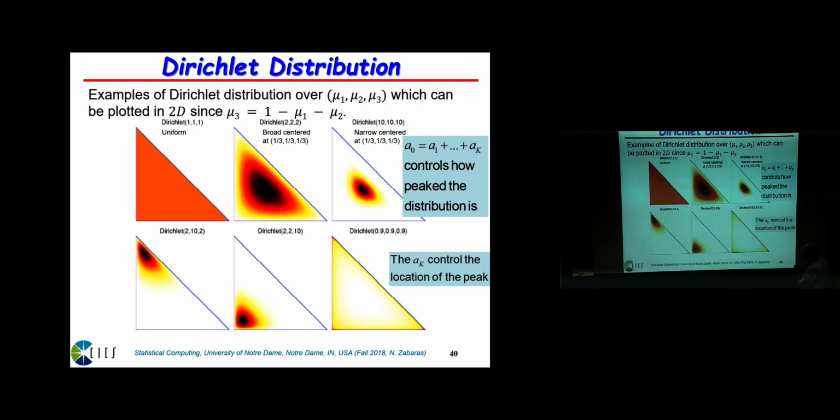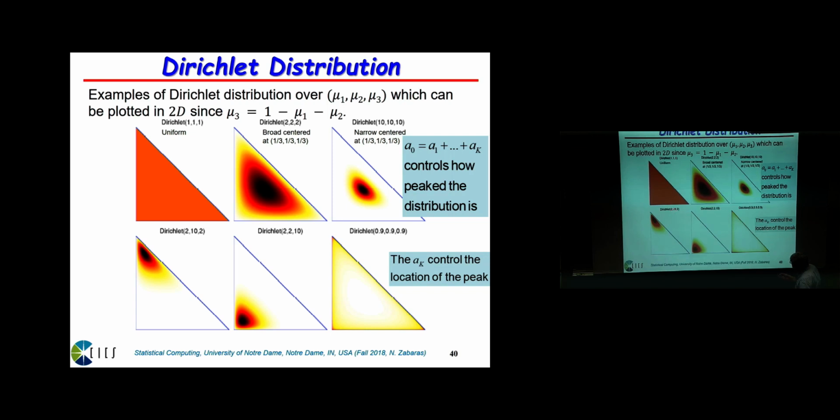If you use all the coefficients less than 1, look what is going on. The only non-zero region for these probabilities is on the edges of the triangle. Okay, on the edges of the triangle. And if you want to bias it, so the only non-zero things are on this side or that side, then effectively you need to play with the location of these alpha k's.